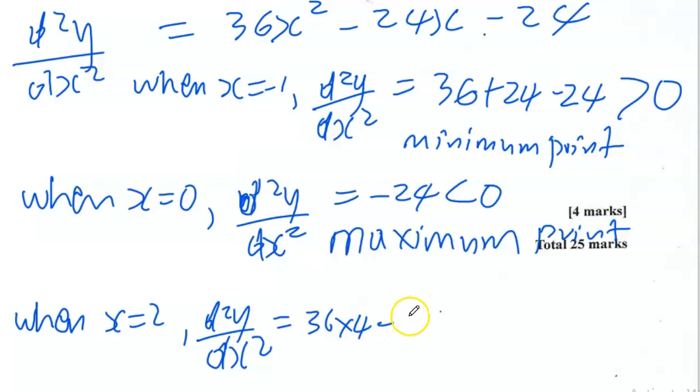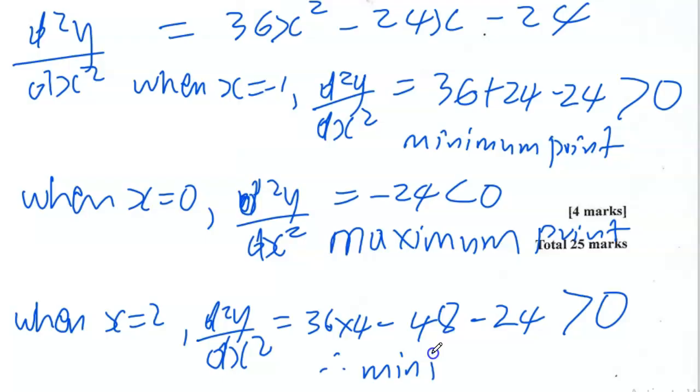That's 48, minus 24. So 36 times 4 minus 48 minus 24. I'm not sure what the value is. You can do the calculation, but this value is certainly greater than 0, therefore minimum point. So notice this function has two minimum points and one maximum point. So it's a minimum when x is negative 1 and when x is 2. It's a maximum when x is equal to 0.